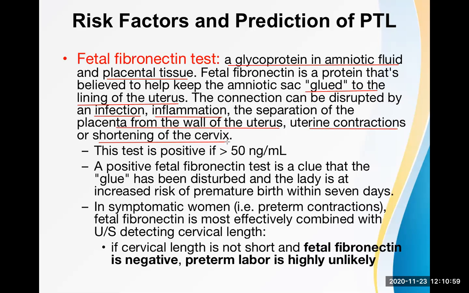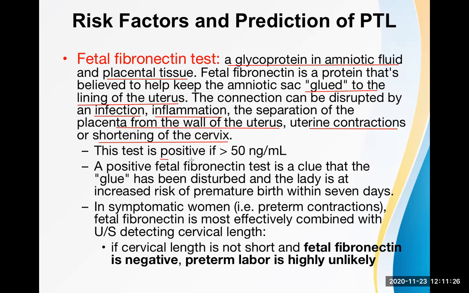all these causes can disrupt the connection of the amniotic sac with the lining of the uterus, and during this time the fetal fibronectin level will be higher, which can be tested, and if it is high, it shows that there is a chance of preterm labor. This is the meaning. Now let's come to the slide.